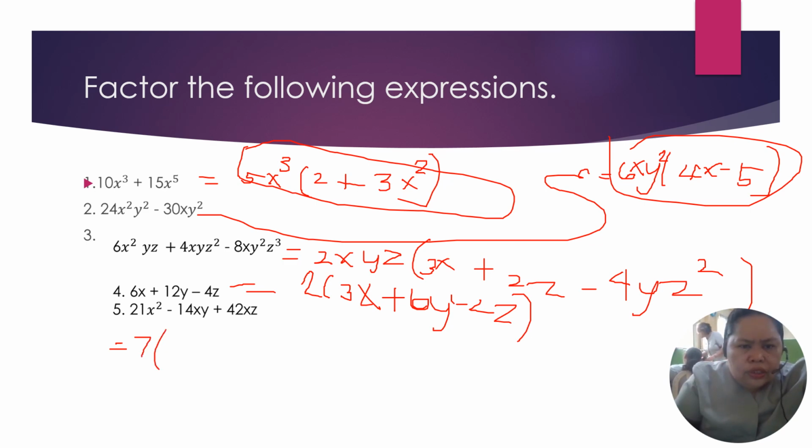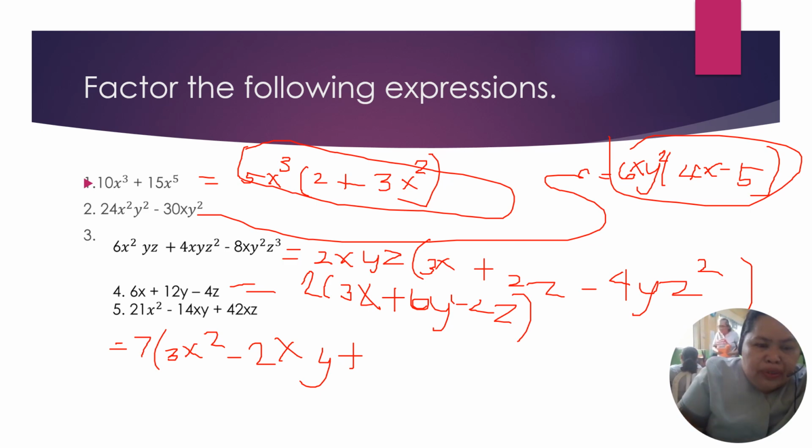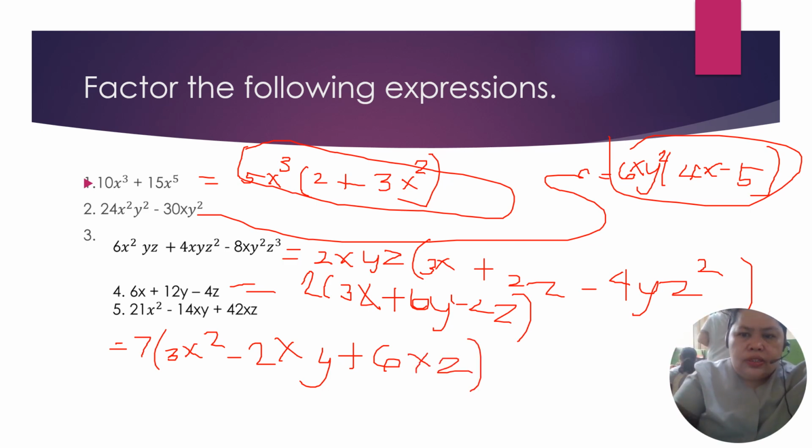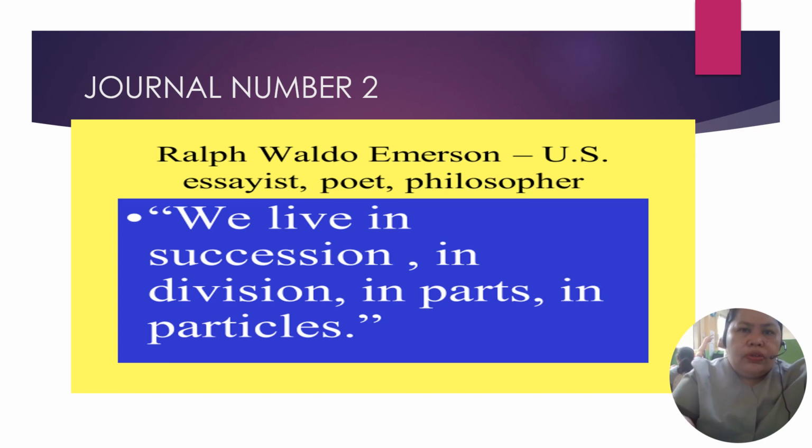So we got 3x squared minus 2xy plus 42 divided by 7, which is 6z. Okay, that's it. Then, of course, guys, this is your journal number 2.